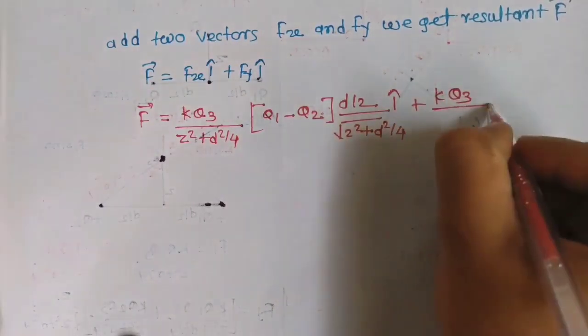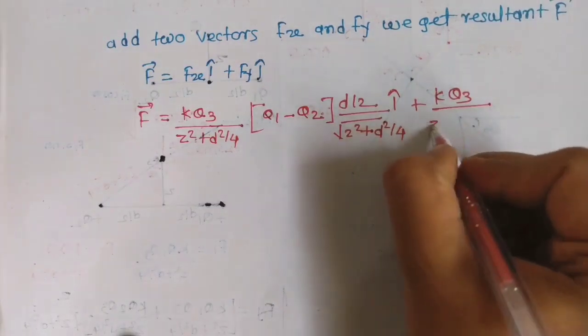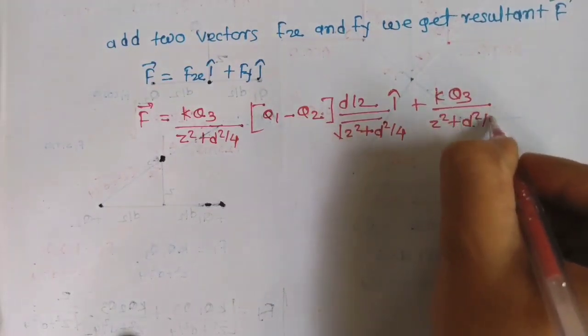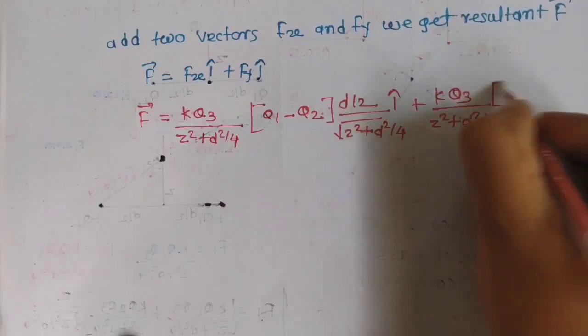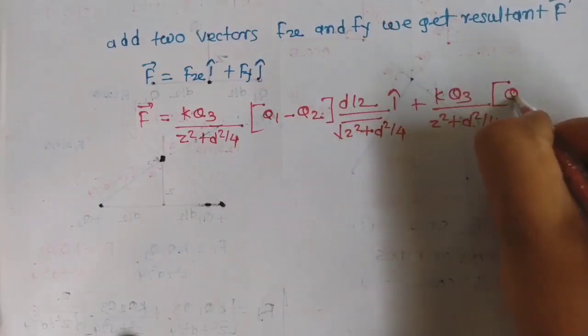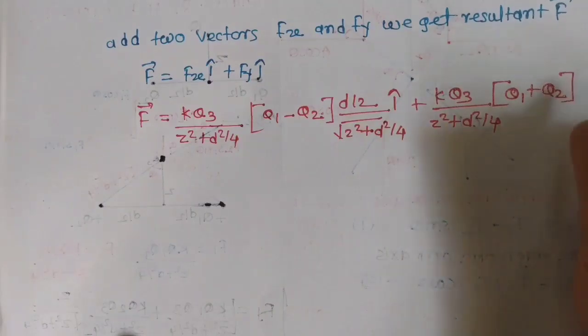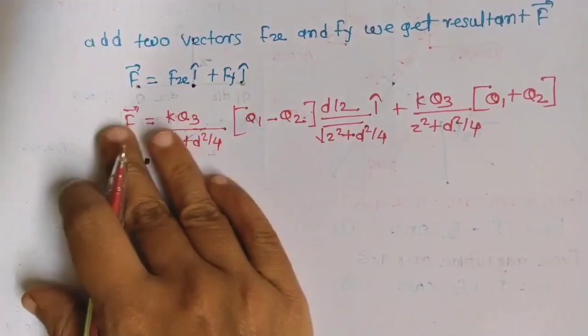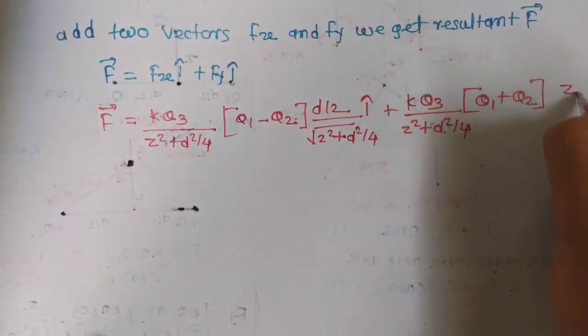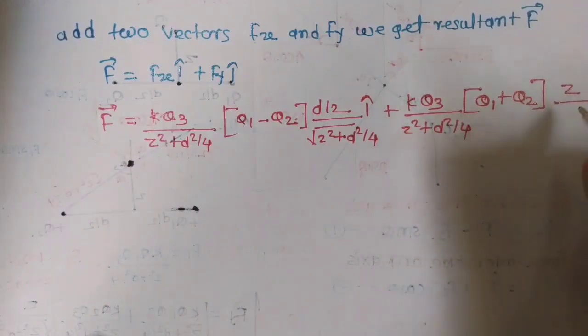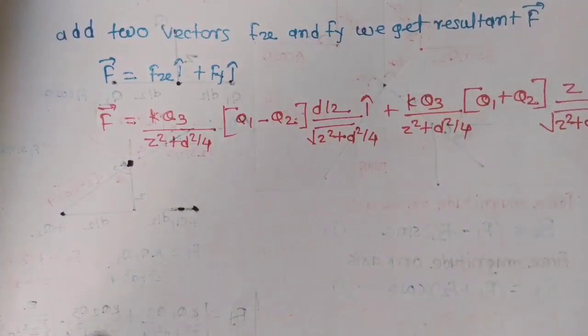Fy is k q3 upon z square plus d square by 4 into (q1 plus q2) z upon under root z square plus d square by 4 j cap.